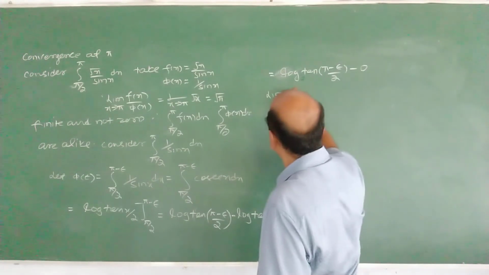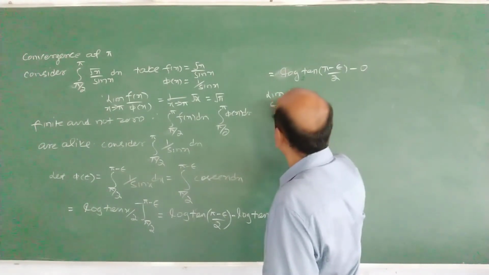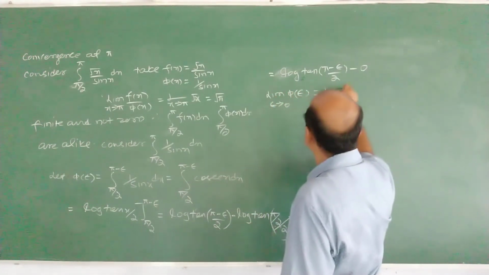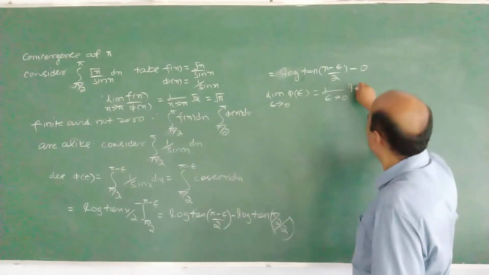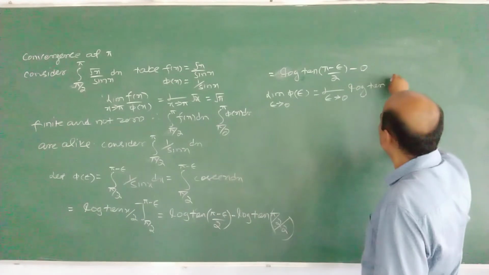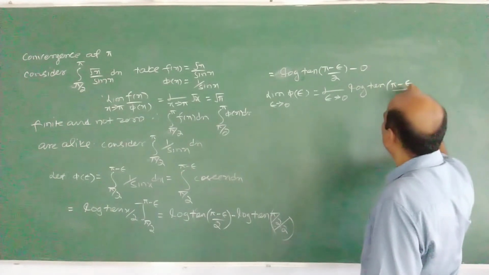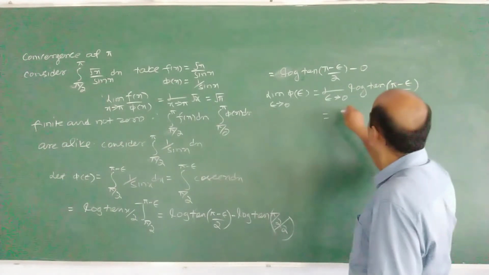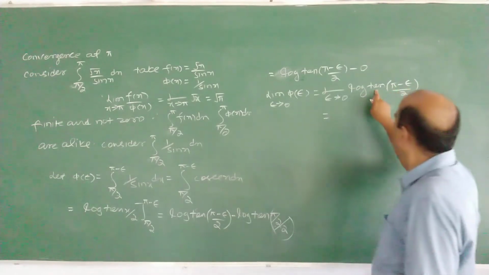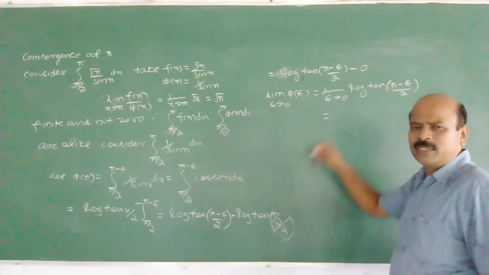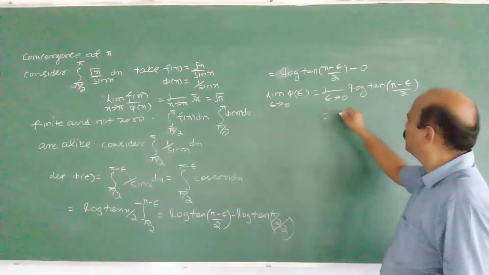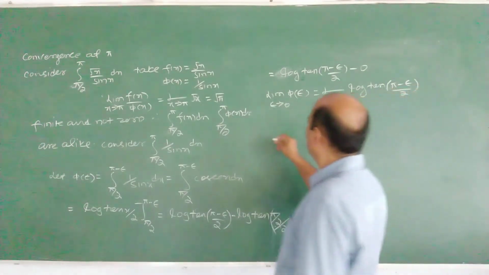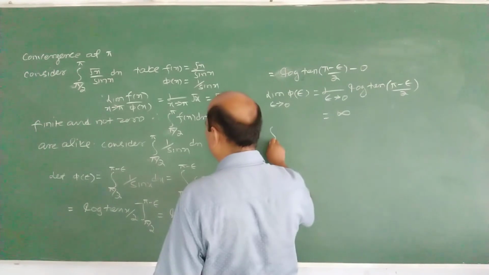Therefore the limit of phi of epsilon as epsilon tends to 0 is the limit of log of tan of pi minus epsilon by 2. If epsilon tends to 0, it becomes tan pi by 2. What is tan pi by 2? Tan pi by 2 is infinity. Log infinity is infinity. Therefore, what is your conclusion?